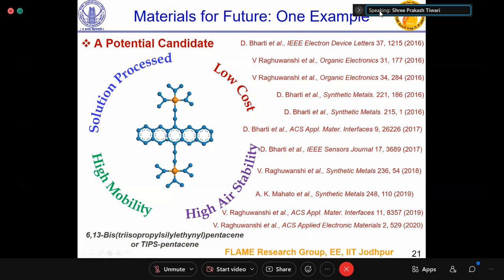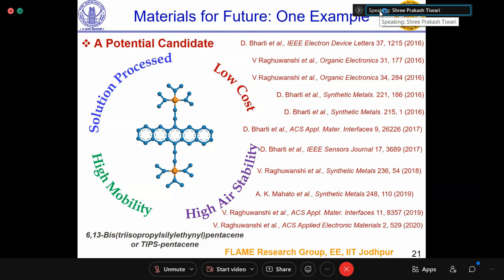Now this structure is actually modified pentacene, where you see a couple of branches, which makes it solution processed. And this material is known to show higher mobility, high stability, and low cost.